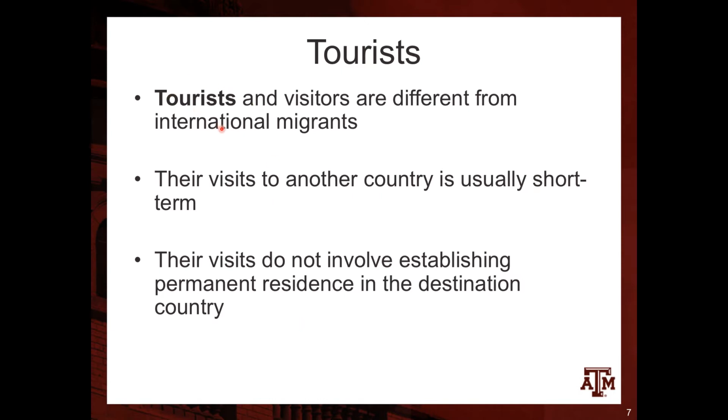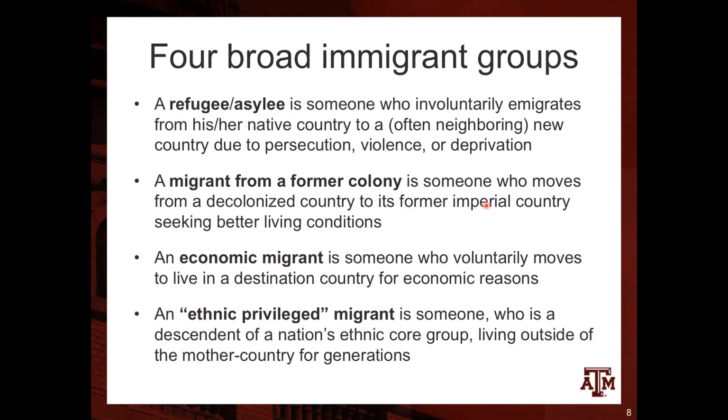Tourists are those who come to the US, stay here for a few months, 3 to 6 months, and then go back to their country of origin, or to the country where they were living before. So those are tourists or visitors, and they are not considered international migrants because they are just staying here for a short term.